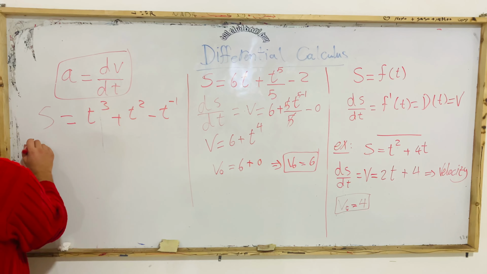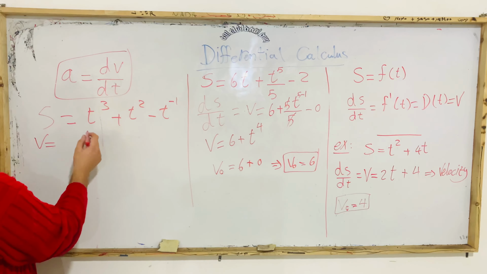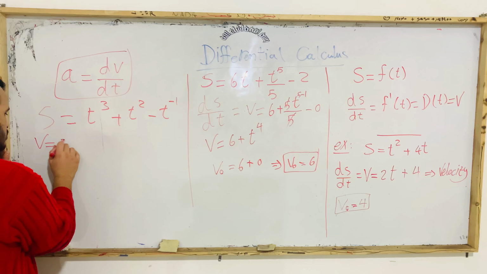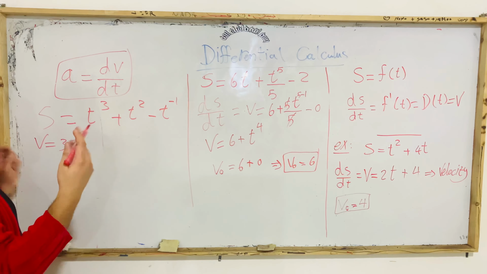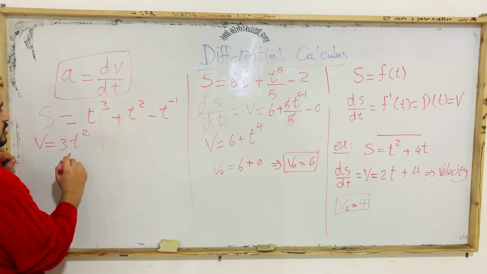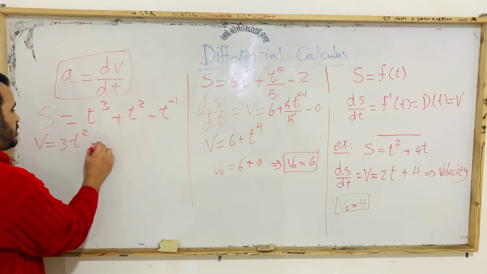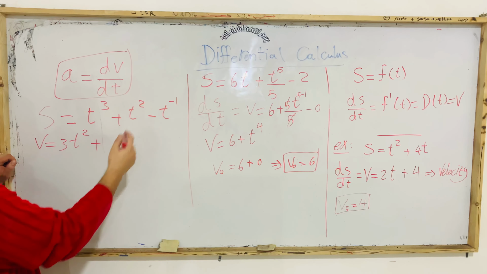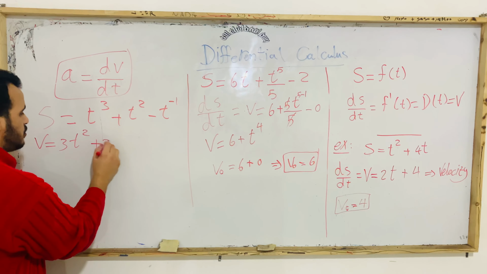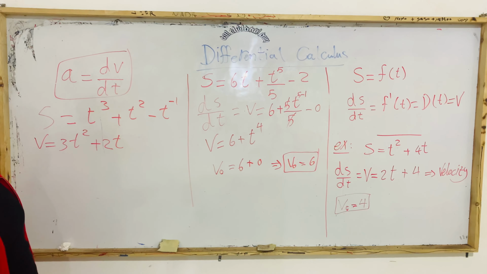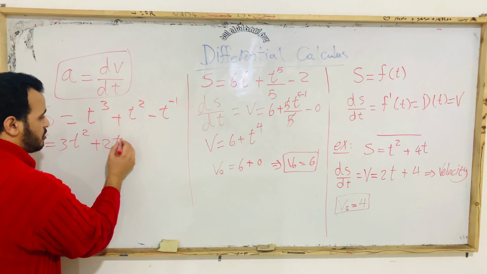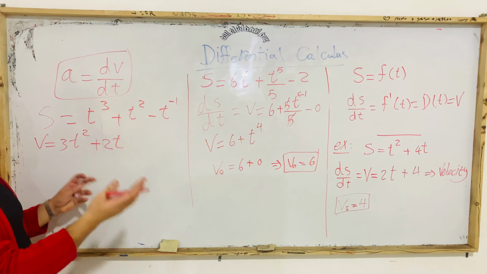So velocity equals, here n is 3, so it's going to be 3 times t raised to the power 3 minus 1, which is 2. Plus t raised to the power 2. Here n is 2 times t raised to the power 2 minus 1. 2 minus 1 is going to be equal to 1. So leave it as it is.